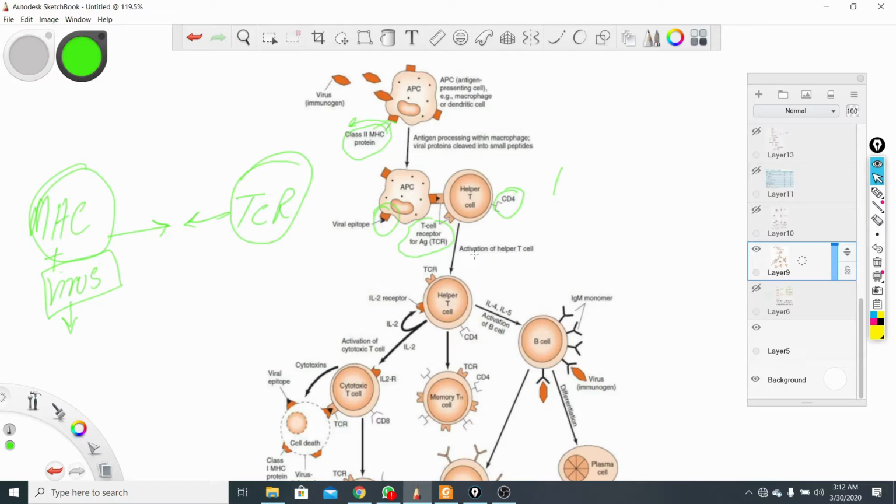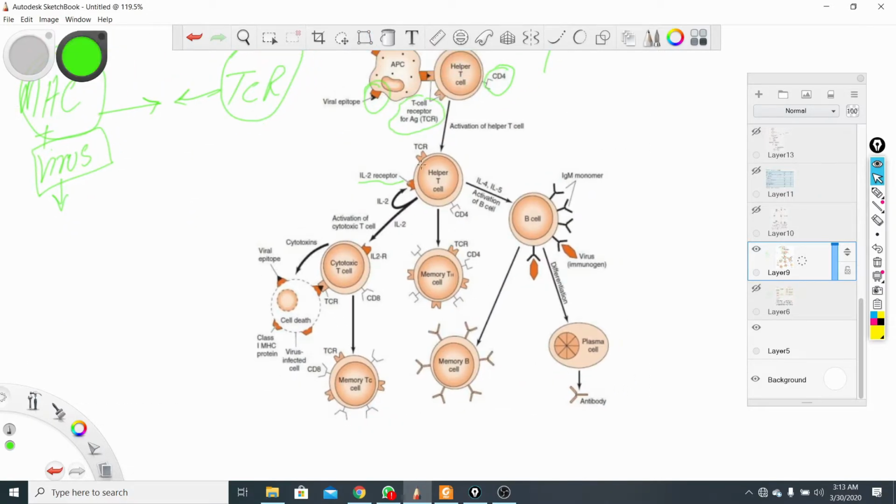These helper T cells also produce the IL-2 receptor, as we discussed in the previous figure. These helper T cells are basically the initiators for the B cells, memory Th cells, and cytotoxic T cells.